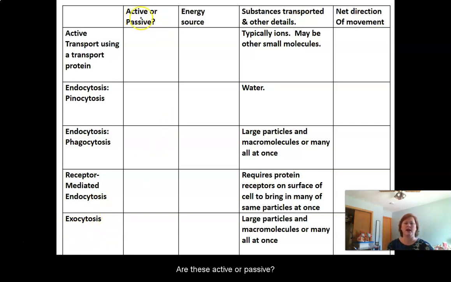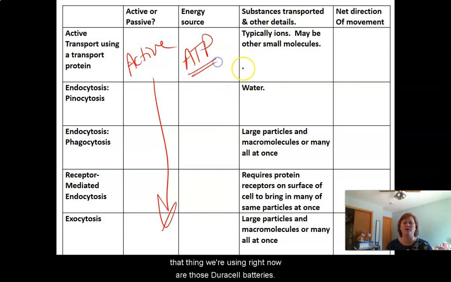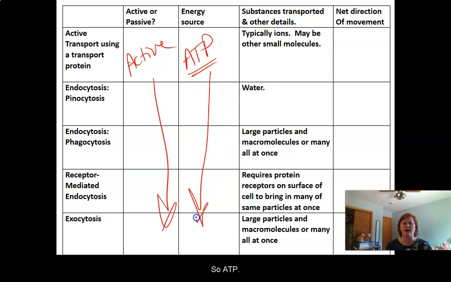Are these active or passive? Well, every single one of these, I think we can agree, are active. So if it's active, that means we require energy. What is always going to be our go-to form of energy? No matter what, the thing we're using right now are those Duracell batteries. So ATP.